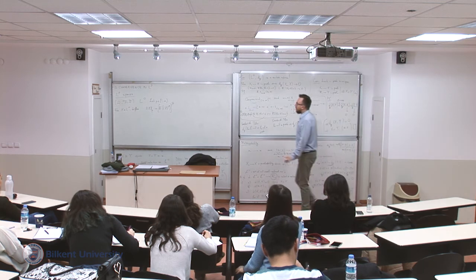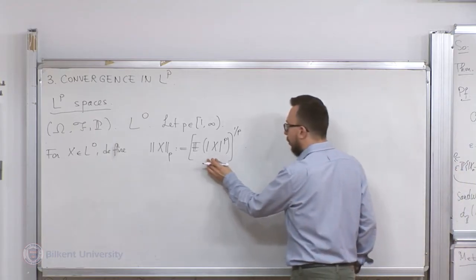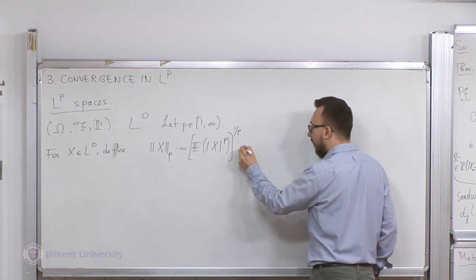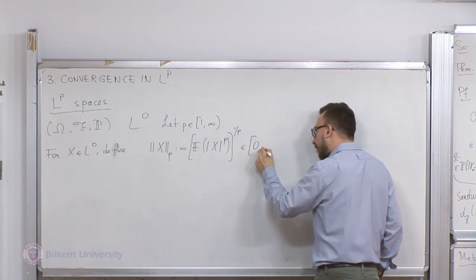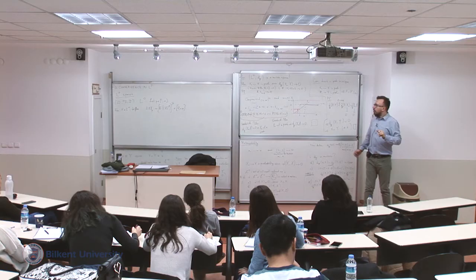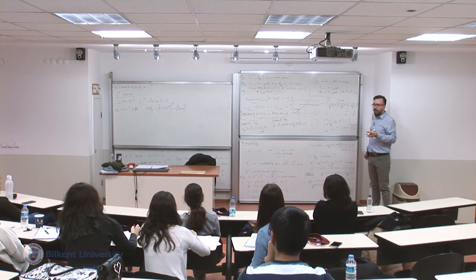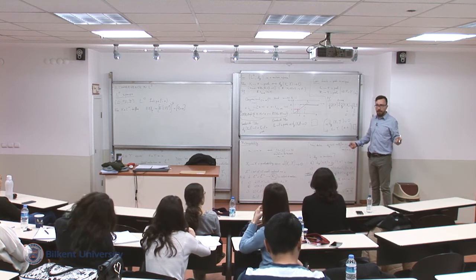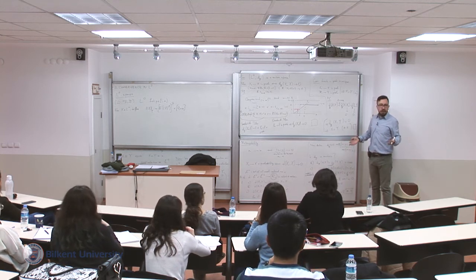Since the absolute value to some power is always positive, this is an expectation of a positive random variable, which is positive, including plus infinity. So now we'd like to make sense of it as a norm. And you know, norms cannot be infinity.